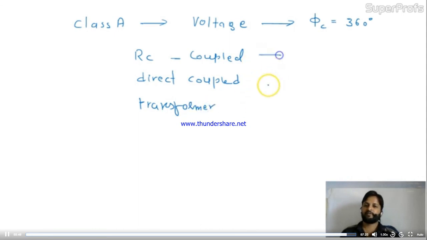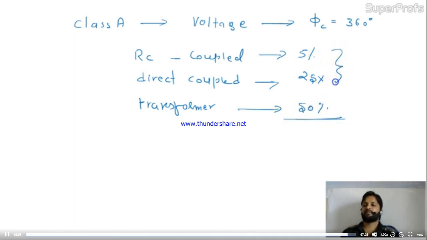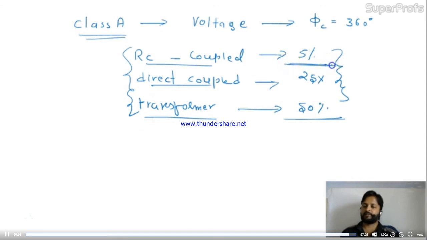Okay friends, the RC we did not see. Why? Because the efficiency over here is only 5%. Here it's 25%, and in the transformer case it's 50%. So sometimes they can ask a question based on this also. So in the class A amplifier we have 3 circuits: RC coupled, direct coupled and transformer coupled. For the RC coupled the efficiency is 5%, for direct coupled the efficiency is 25%, and for transformer coupled it's 50%.